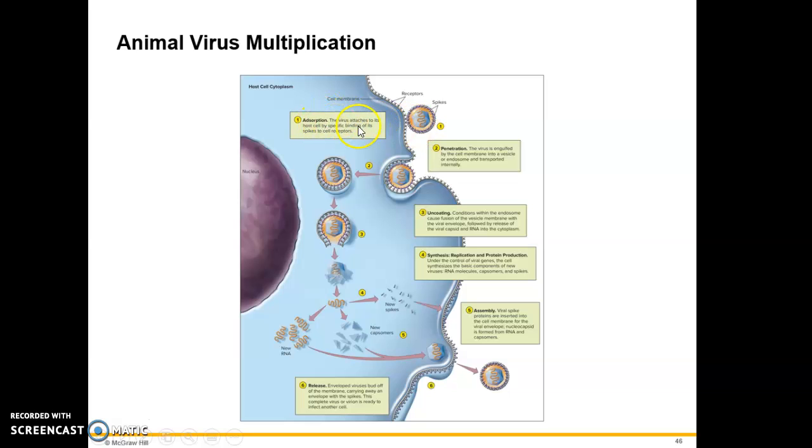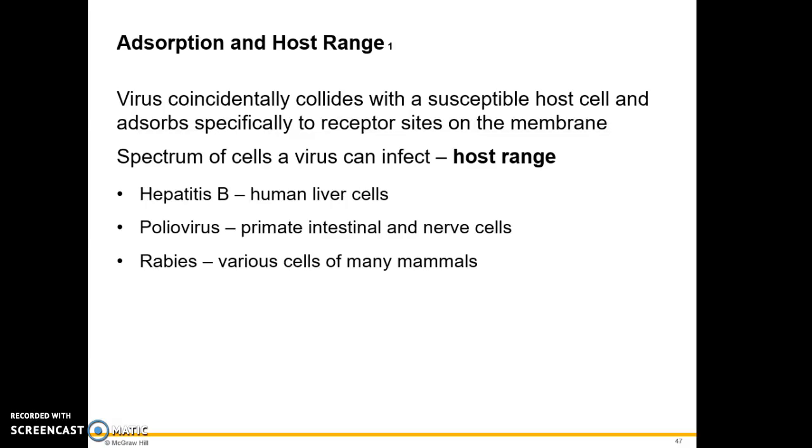So it has adsorption, which is attaching, penetration, which is when the genome is injected into the host cell, uncoating, which is when the capsid comes off of the viral genome, synthesis, which is when the parts of the virus are being created, assembly, which is when those parts are being put together, and then release, which is when either the virus is released through exocytosis or the cell lyses to release the viral bodies.